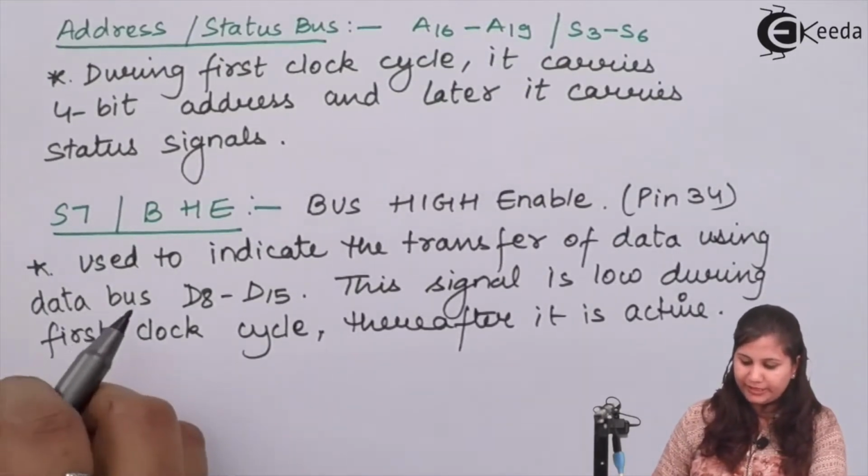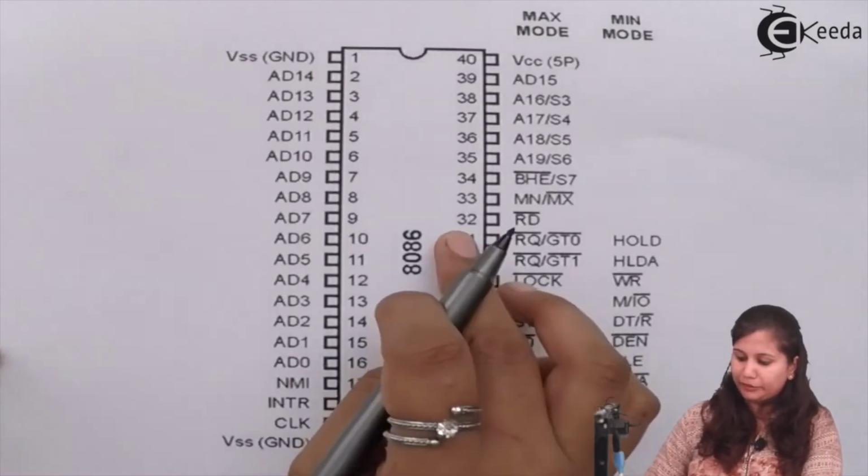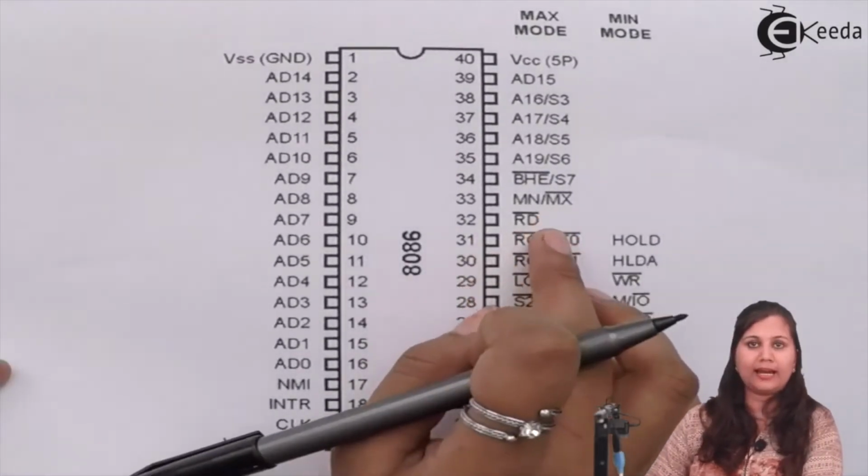Next we have the read signal. This read signal is available at pin number 32. We have RD bar, and its full form is read.